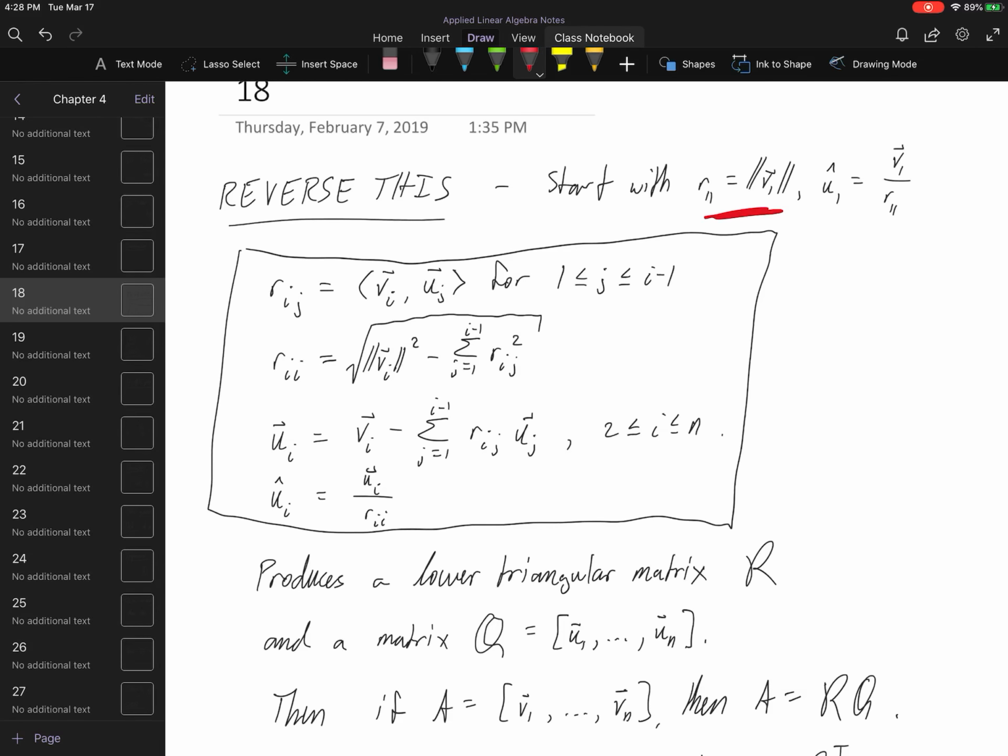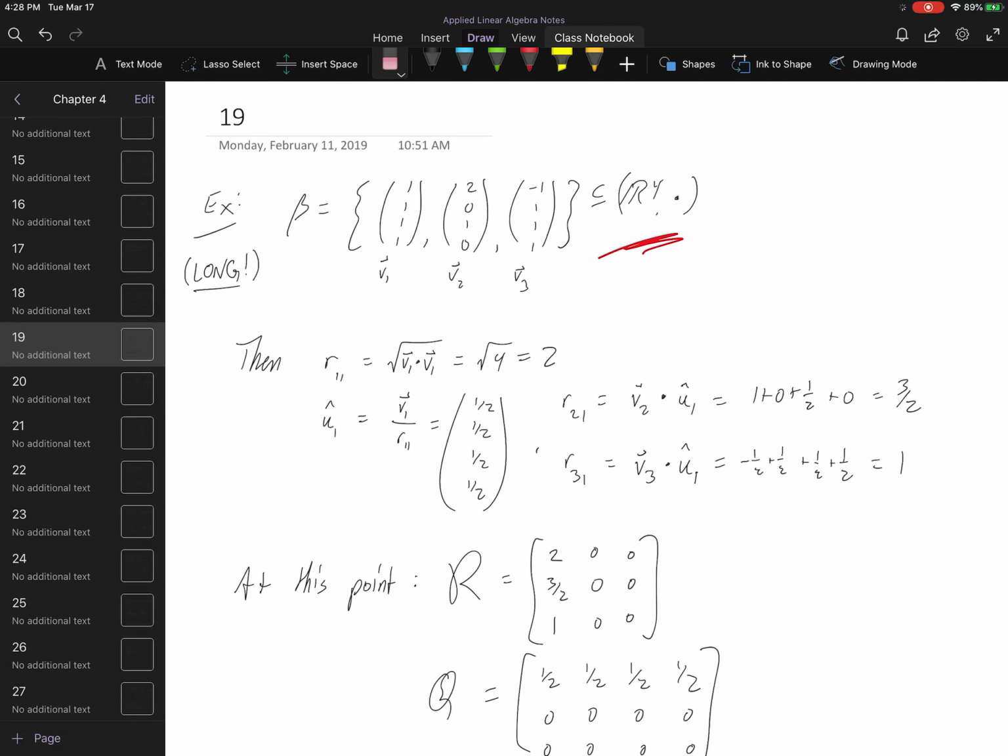So R11, if I come back to this formula, we need to start with just being the length of V1. And then for U1 hat, we're going to construct an orthonormal basis, so we divide V1 by its length to get a unit vector. So the first step: compute the length of V1.